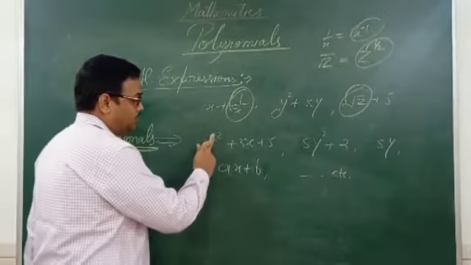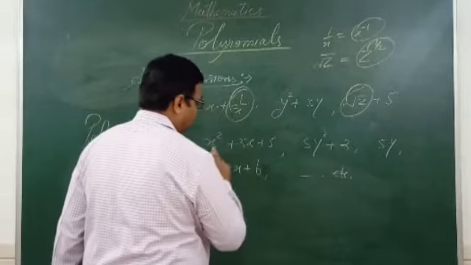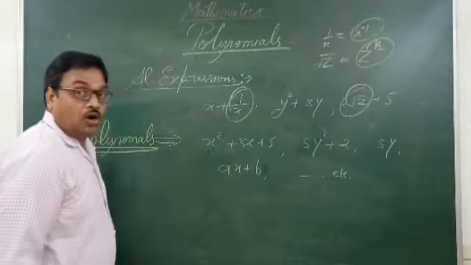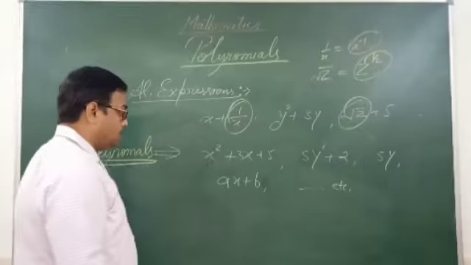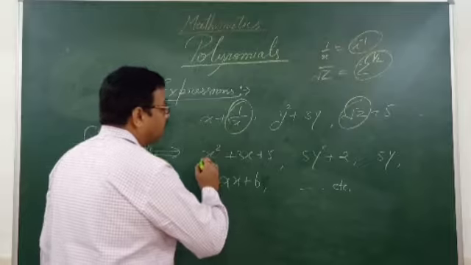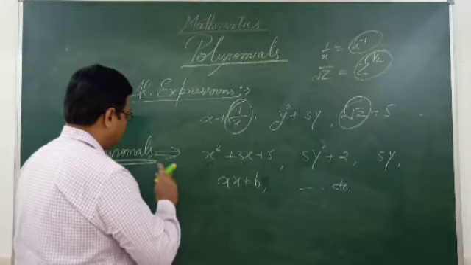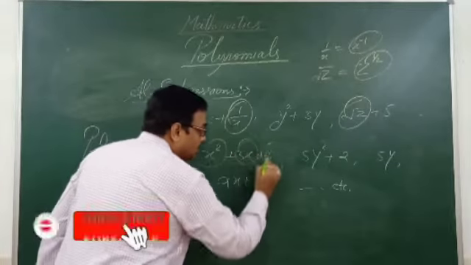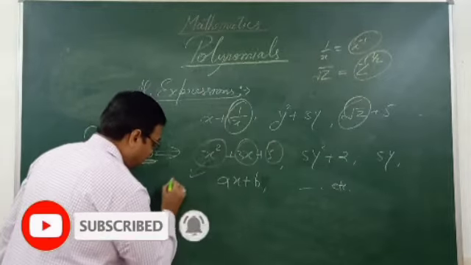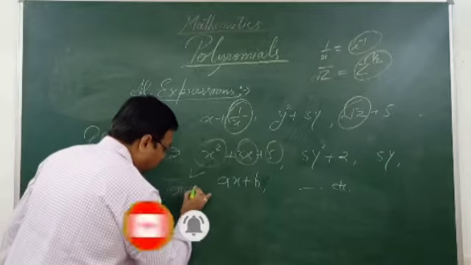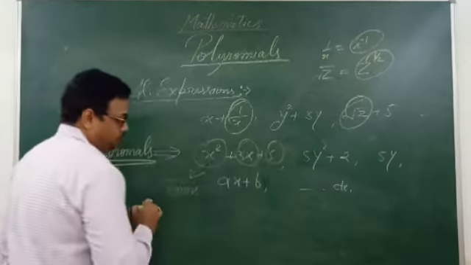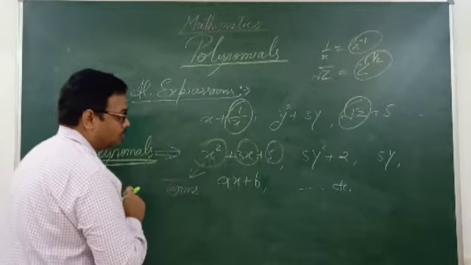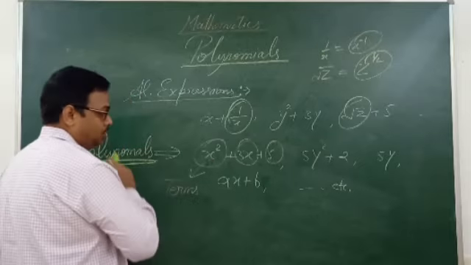Here you can observe that all the exponents of variables are always positive and whole numbers. In these special kinds of algebraic expressions, that is, in these polynomials, the parts given in addition or subtraction are known as terms of the polynomial.